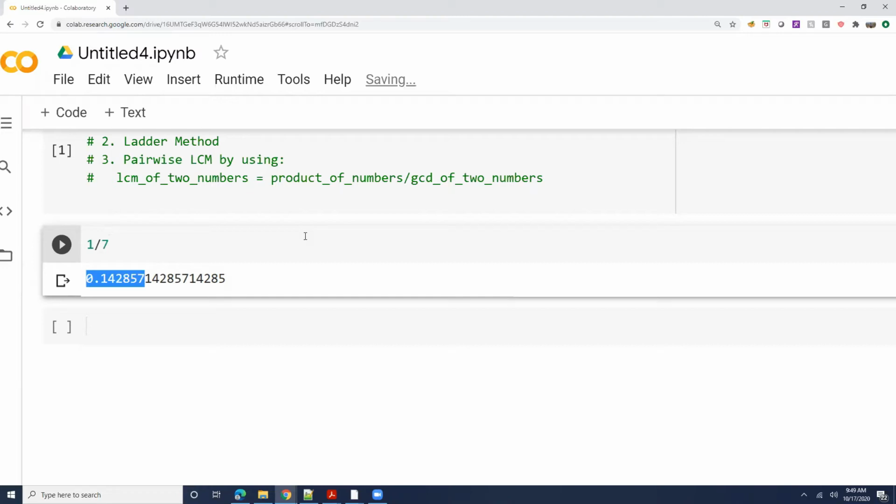Any thoughts, anyone? Okay. No, that doesn't look right.